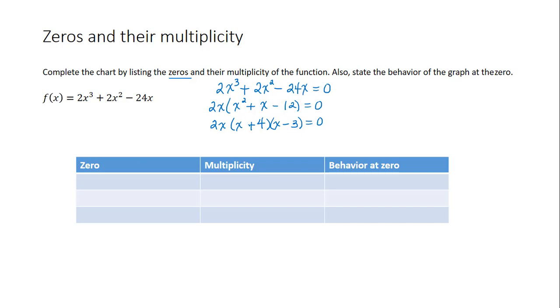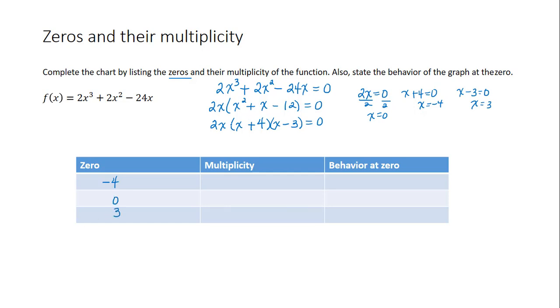And so when we set each of those factors equal to 0, we're going to get that 2x equals 0, or dividing by 2 gives us x is equal to 0, or x plus 4 equals 0, which gives us x equals negative 4, and x minus 3 is equal to 0 gives us 3. So our zeros in numerical order are negative 4, 0, and 3.